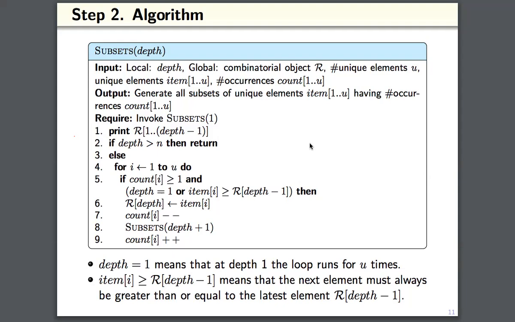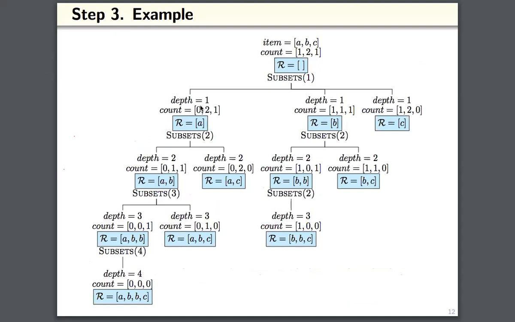Another idea is to try debugging: look at the control flow, create diagrams of recursion trees. Then you will understand what's actually happening and why, and you can print out the state variables. What is the depth value? What is the count? What is the R value? With these state variables and debugging, you can understand how exactly this is working.